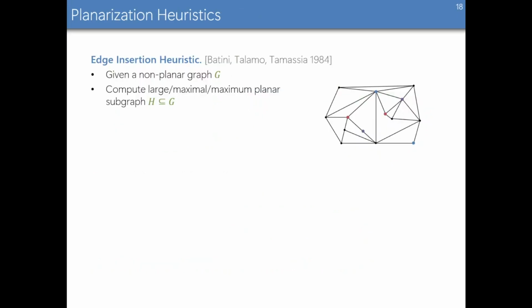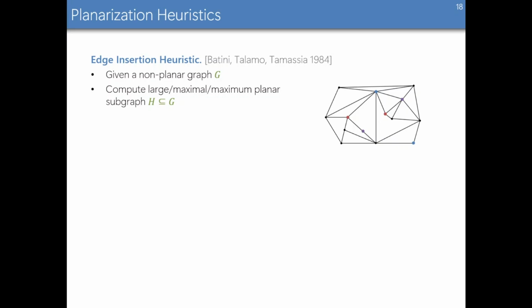The original idea is the planarization heuristic. Very old algorithm from the mid-80s. You are given a graph, which is probably highly non-planar, and you just remove edges one after another until you end up with a planar graph. So you have some large, or perhaps maximal, or even maximum planar subgraph.